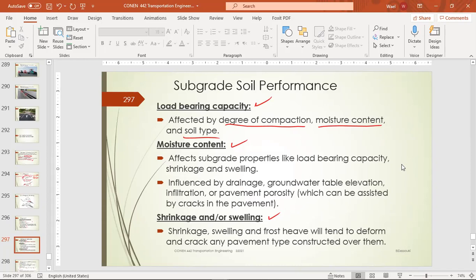And the best thing to do, especially for flexible pavement, is the prime coating. We put this prime coating to seal the structure underneath the pavement. So if this is our pavement, this is asphalt, and there is a sub base and there is a natural ground, we try to have this sealer here to make sure that no moisture will go through.